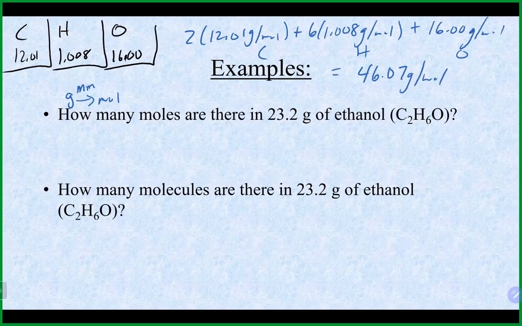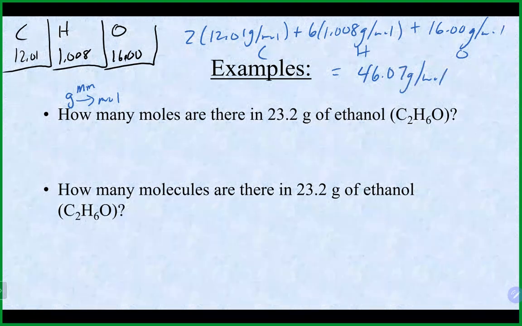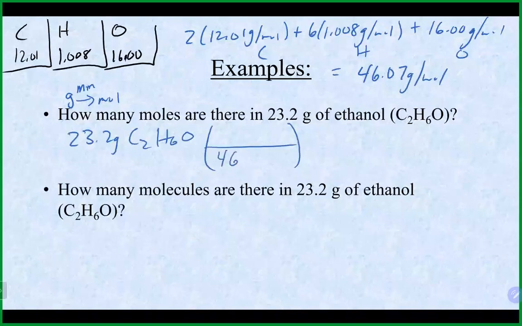We could use it with the grams on top and moles on the bottom, or if we needed to, we could flip it to show our dimensional analysis. In this particular case, we need to flip it as we are starting with 23.2 grams of our ethanol. Once again, we want the grams to cancel, so we're going to put the grams on the bottom.